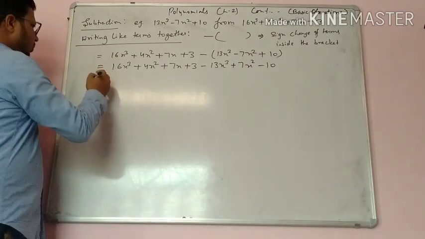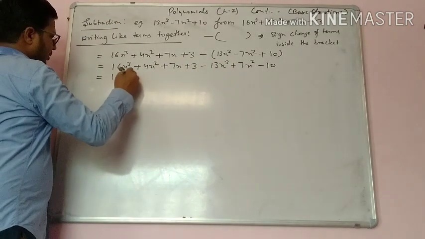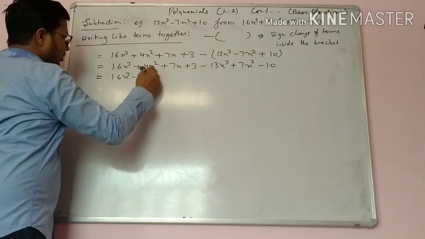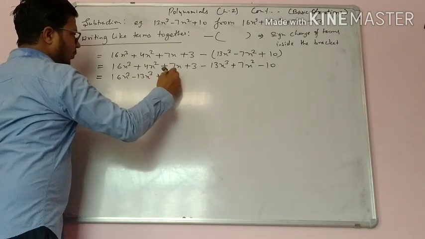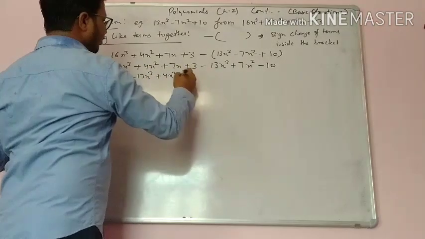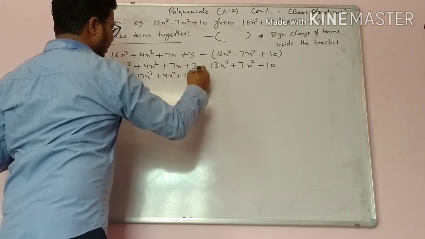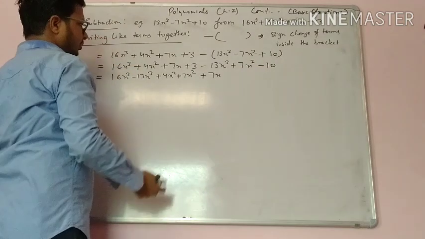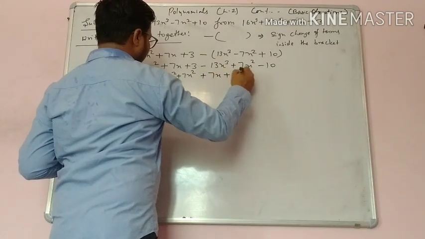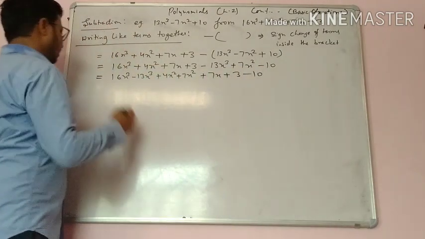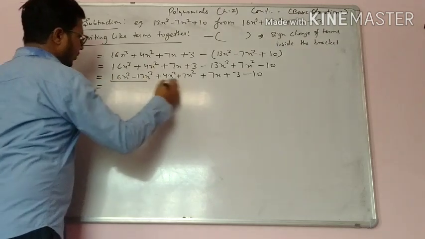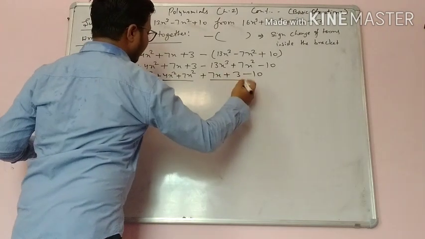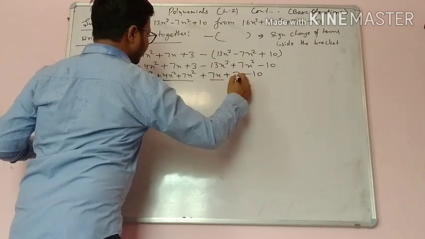Then write the like terms together. 16x cube minus 13x cube plus 4x square plus 7x square plus 7x, the known term is there, plus 3 minus 10. Now you can easily do it from the pairs of like terms.